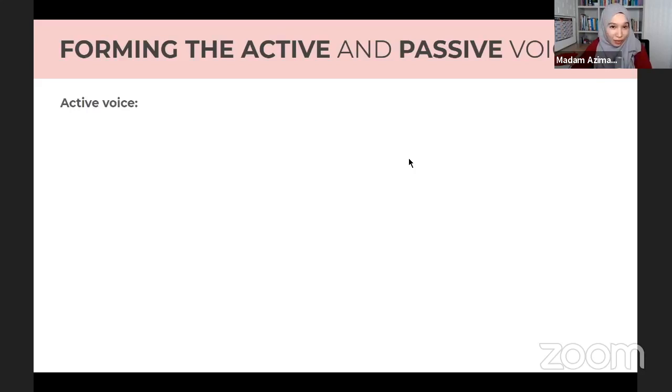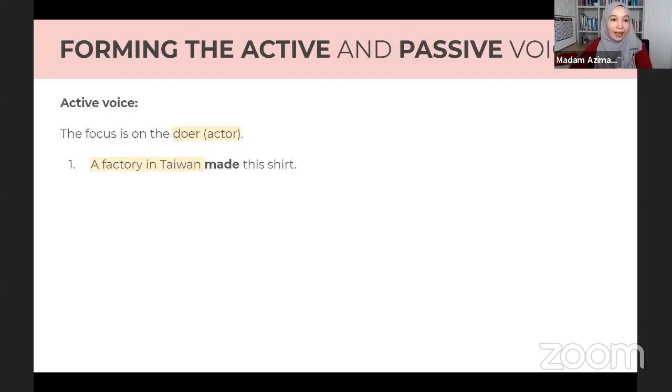So active voice first. What do I mean by that? The focus of that sentence is on the doer, the actor. That's why it's called active, because the actor is doing the action. Okay, so we have, for example, a factory in Taiwan made this shirt.